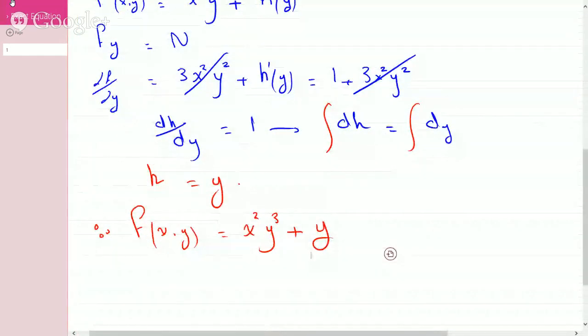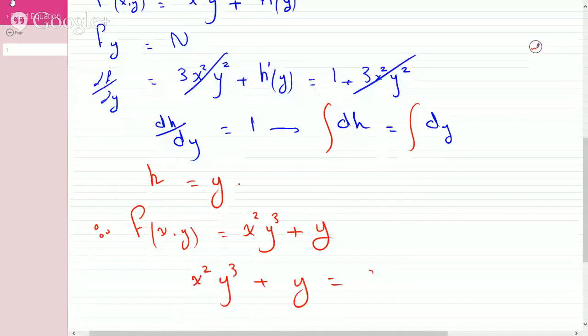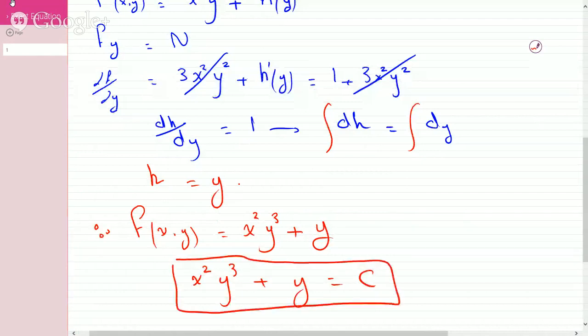So we can say the solution of the differential equation is x squared y cubed plus y equals some constant c. And this pretty much concludes this problem.